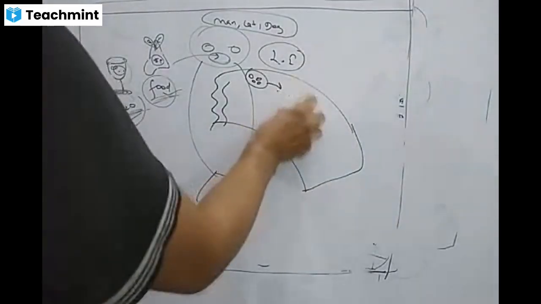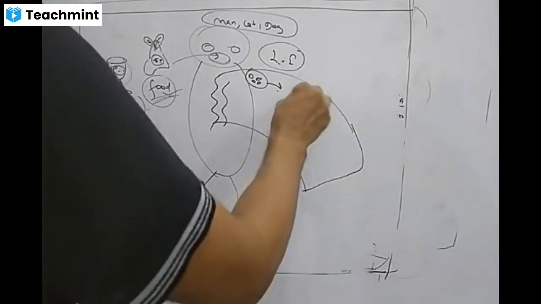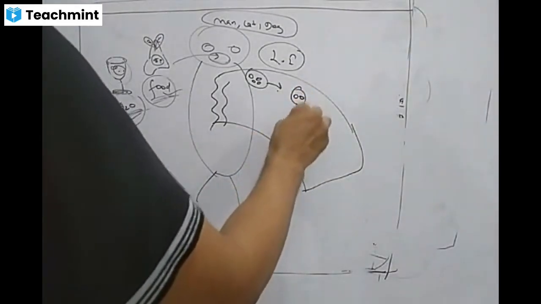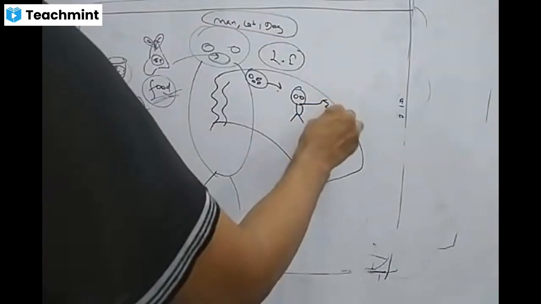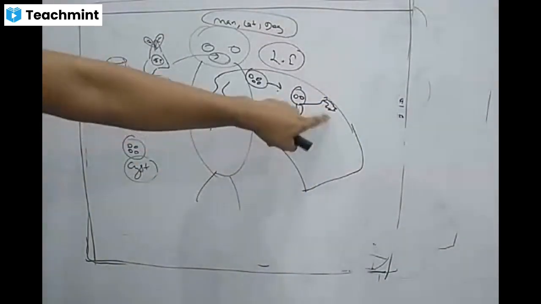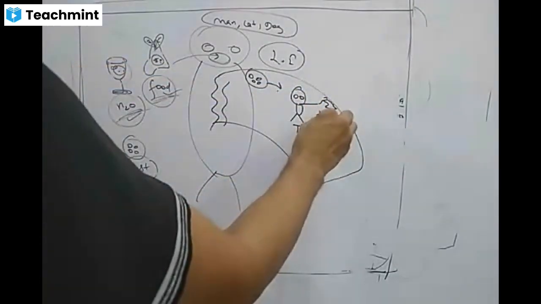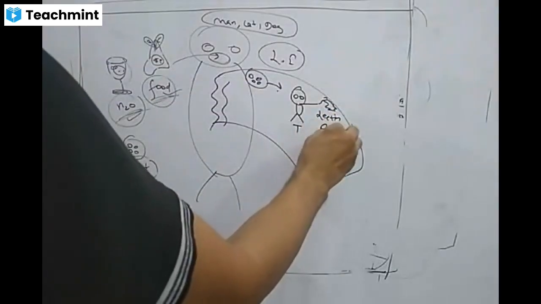So cysts are converted into trophozoite, T. This trophozoite has some attachment with the intestinal wall and these are known as lectin receptors.